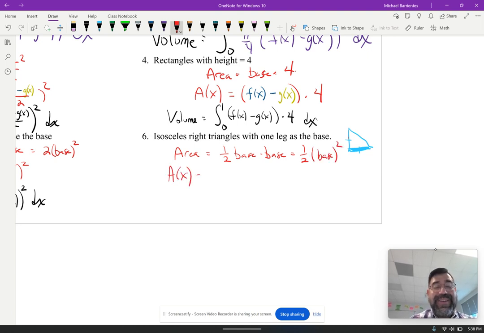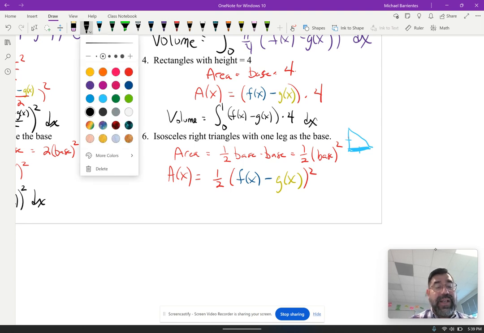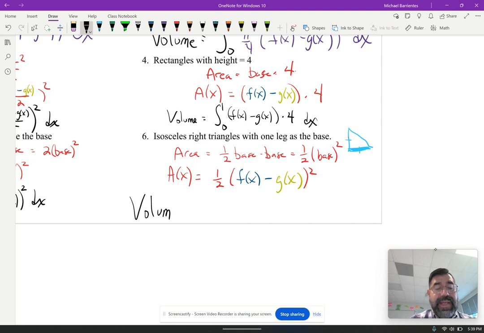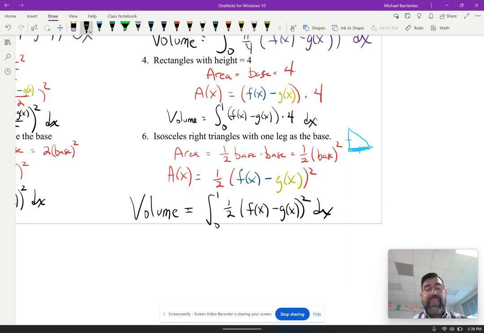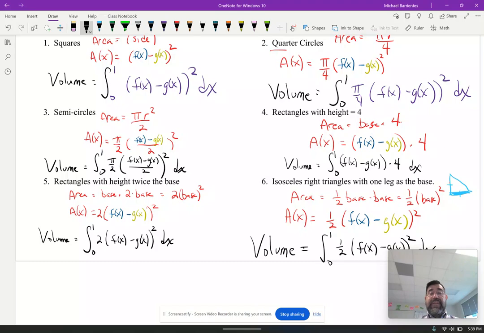My area function, therefore, is going to look familiar: 1/2 times (f of x minus g of x) squared. Once I do my volume setup, I can use the integral from 0 to 1 of this expression, and I will be done. This will find for me the volume of that three-dimensional shape.